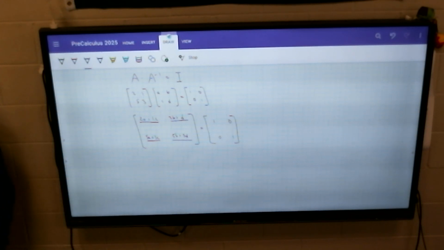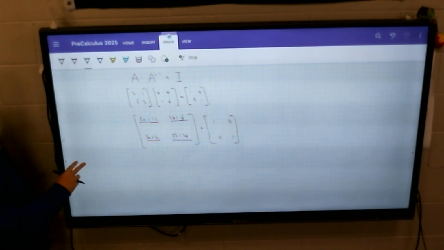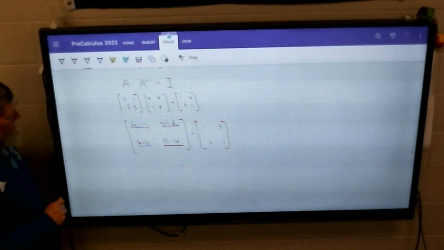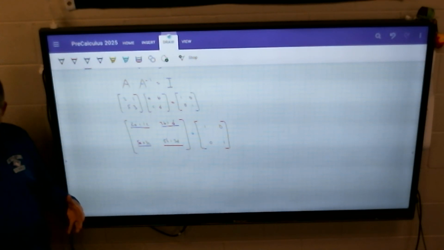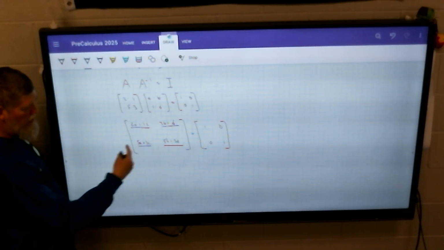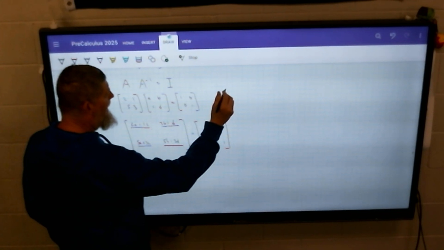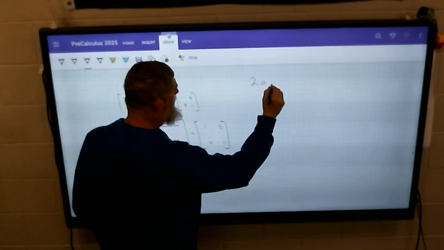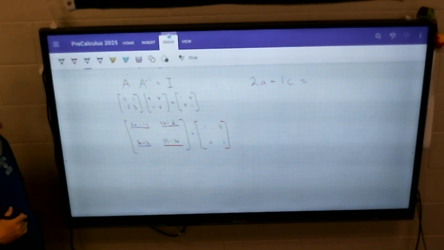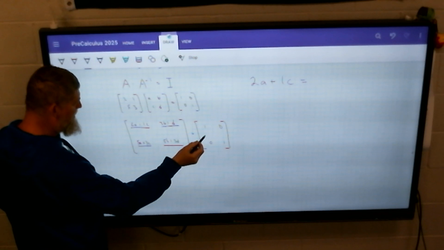Does anyone see something I can do here? Go back to our matrix equations. What does 2A plus 1C have to be equal to for these to be equal? Here's my 2 by 2 matrix, here's my 2 by 2 matrix.